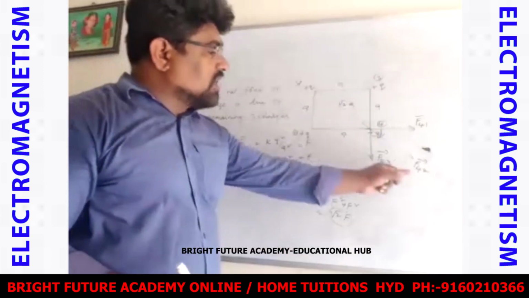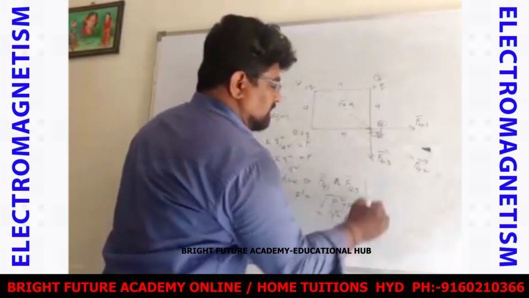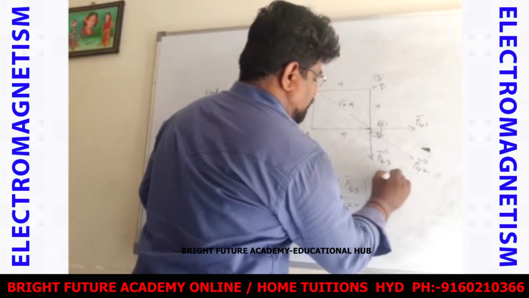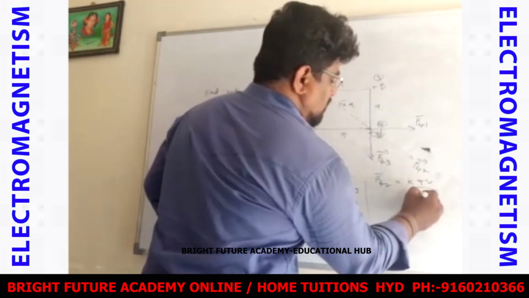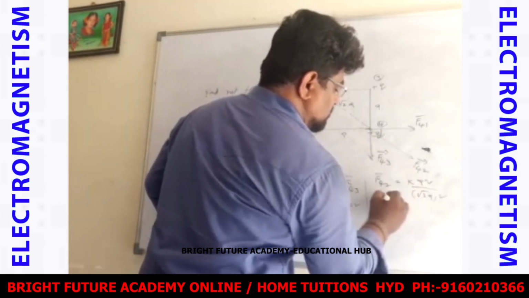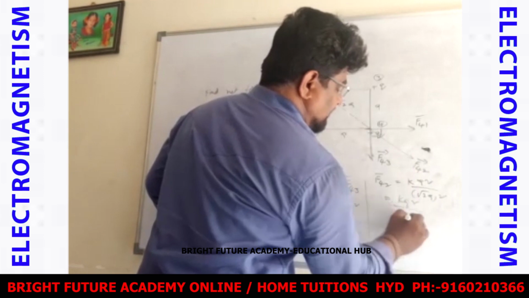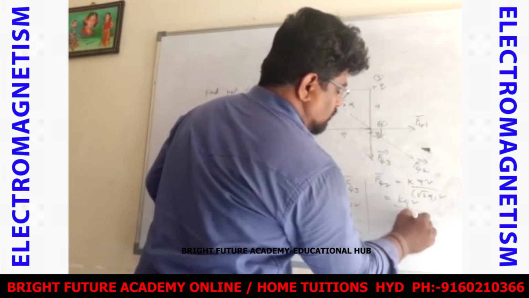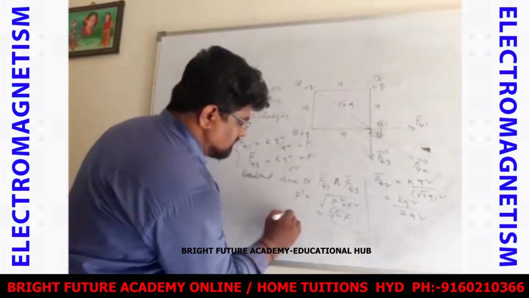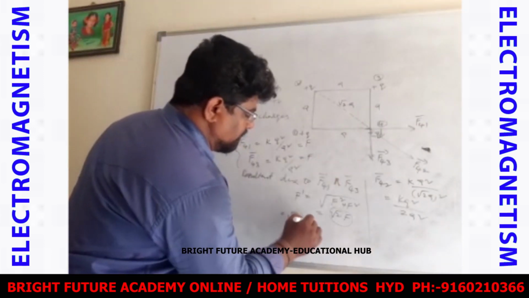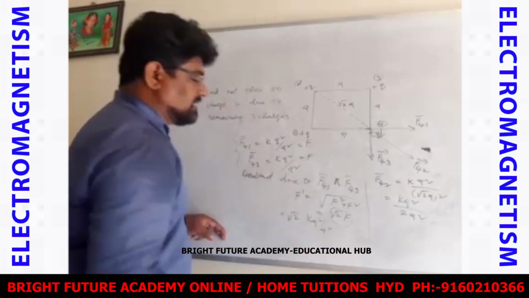Now what is the force on 4 due to 2? It can be taken as F42 equals K into Q square by R square, where R is root 2A, so whole square. That means it is KQ square by 2A square. Here the resultant of the other two is root 2 into KQ square by A square.